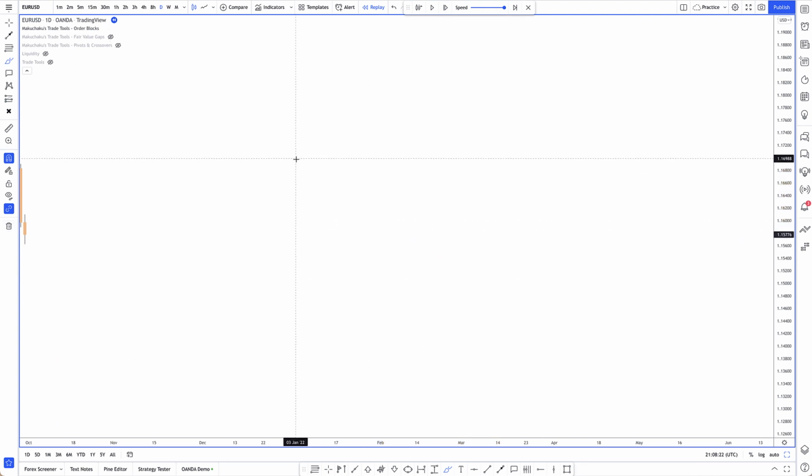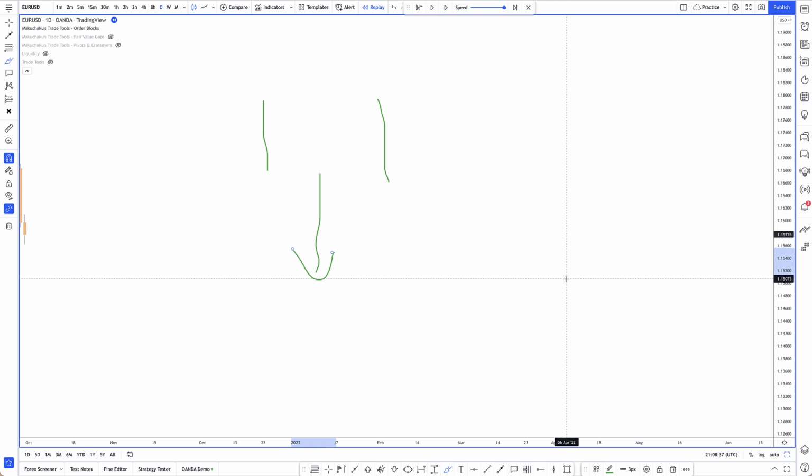Then for pivots, for a pivot low, you need to have the lowest candle being flanked by 2 higher candles, so this becomes a pivot low. And when you have a formation like this, a high candle flanked by 2 lower candles, this becomes a pivot high. And these are 3 candle formations.